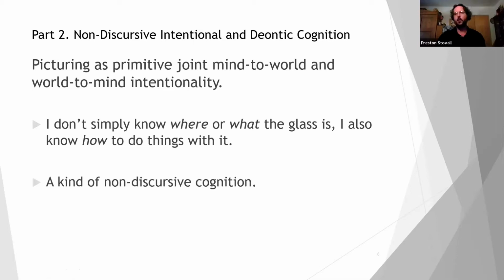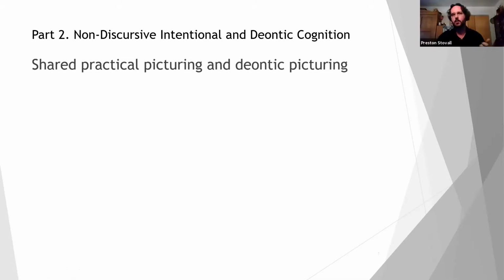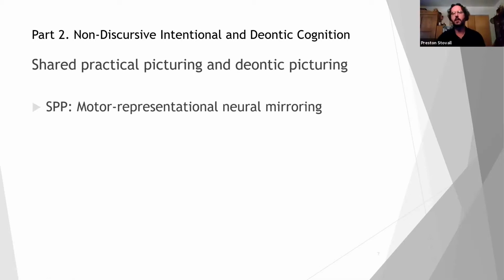So I think picturing is at its basis a kind of non-discursive cognition. This is the sort of thing that bees can do, ants, animals across the board. But in addition to picturing, I think we need a notion of shared practical picturing and what I call deontic picturing. This will come up a little bit later, but basically the idea is that shared practical picturing involves motor representational neural mirroring. This is monkeys in the 90s, and we've since found that it's across the animal kingdom.